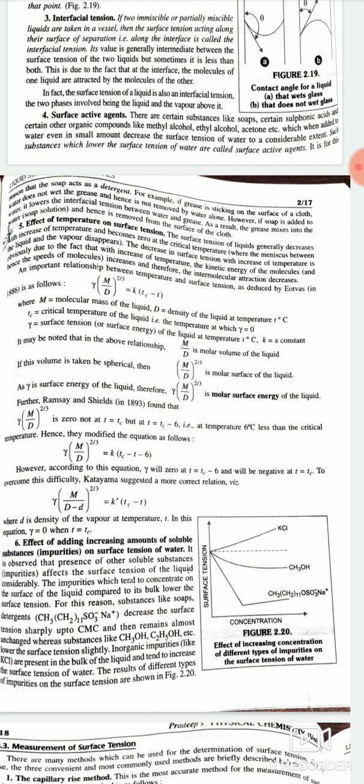It may be noted that in the above relationship, M/d is the molar volume of the liquid.